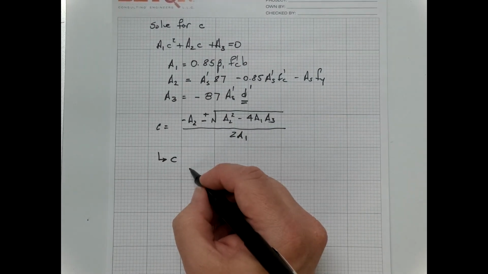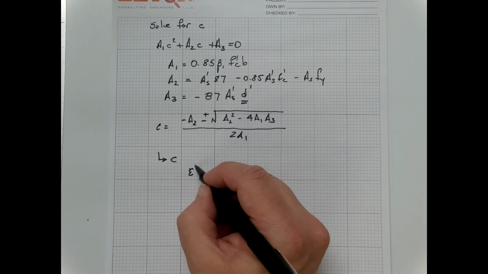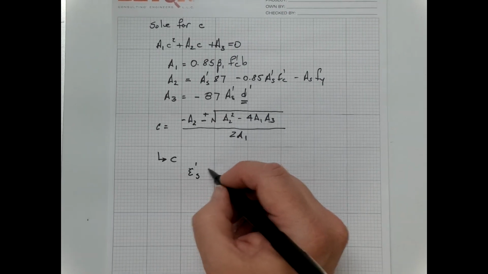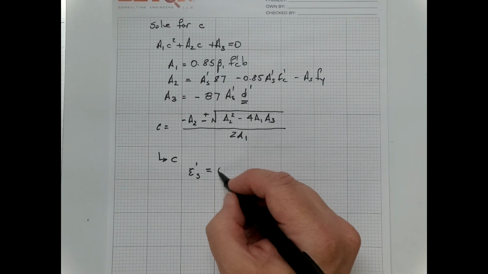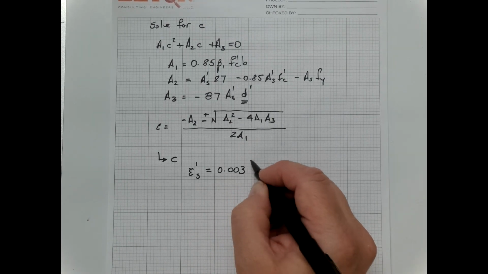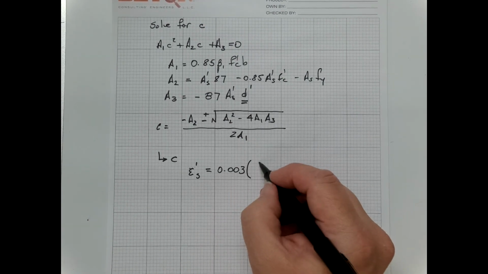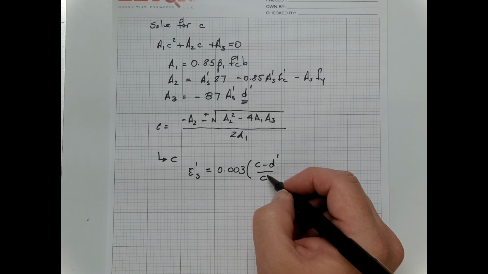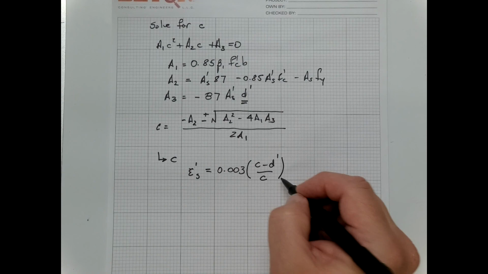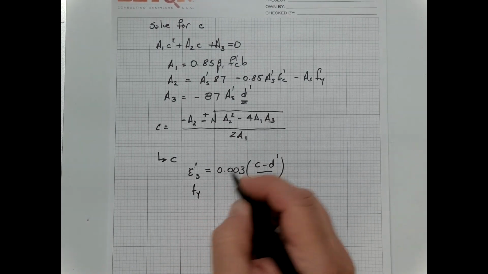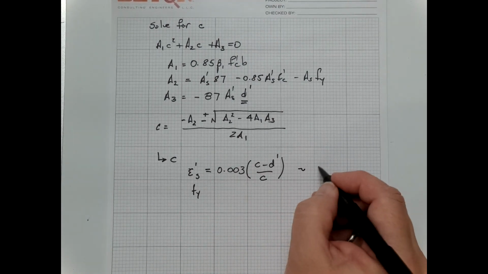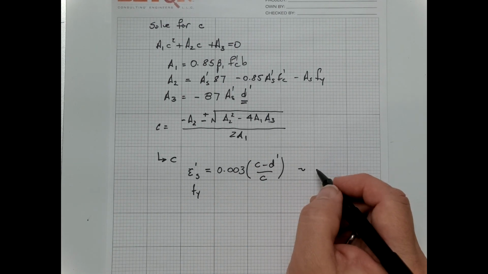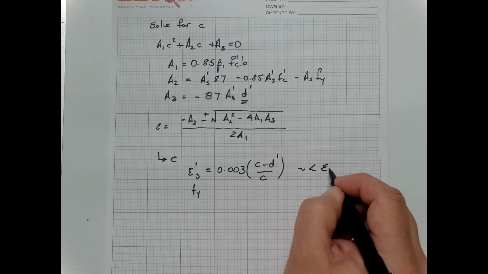We check that the strain in the compression steel is equal to 0.003 multiplied by C minus D prime over C, and this has to be less than the yield strain.